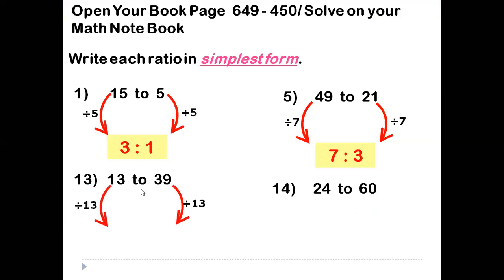So 13 divided by 13 is 1, and 39 divided by 13 is 3. In number 14, 24 to 60, the greatest common factor is 12. So 24 divided by 12 is 2, 60 divided by 12 is 5.